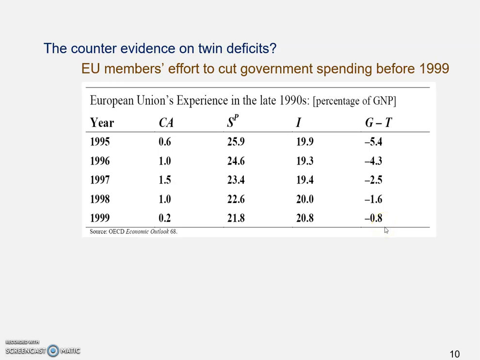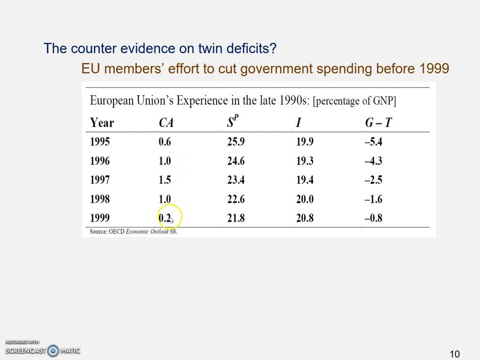So if the twin deficit hypothesis were true, then we would expect that the current account deficit would also decrease, right? But look at this. The current account actually increased in the first 2 years and then decreased.